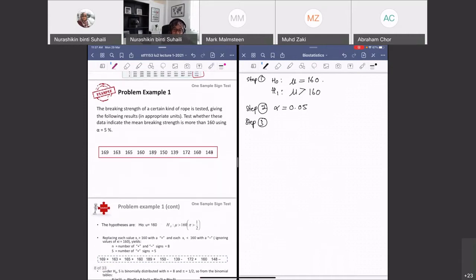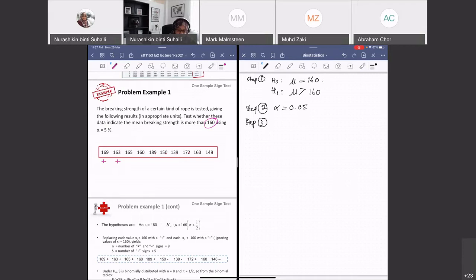So step 3 is to compare. Your point of comparison is 160 and each of these. When you compare 169 and 160, this one is bigger, so you assign positive for this point. 163 and 160, positive.